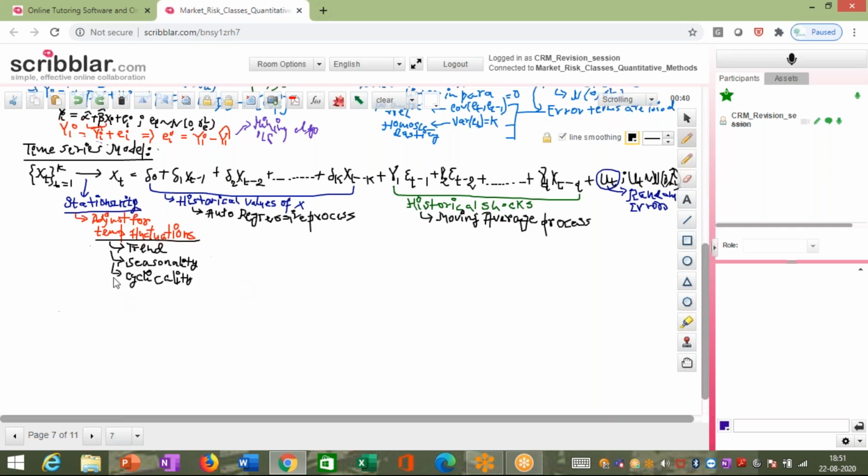Now another factor is something we cannot really control for, but it creates non-stationarity in the data. That is the erratic factor. So let's say a market crash had happened. If it's an erratic factor, we cannot do anything about it.